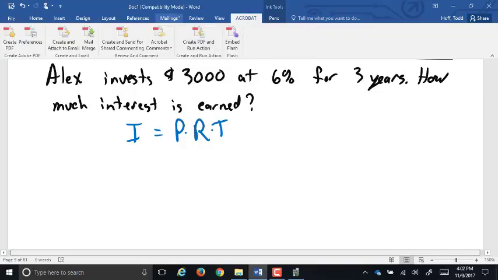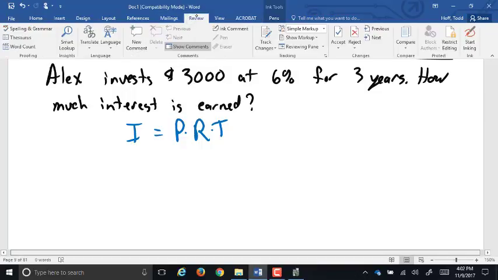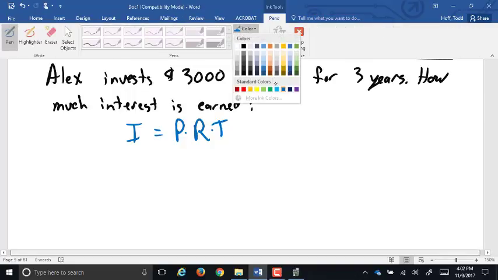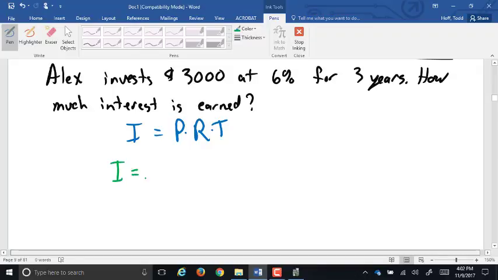So the amount of interest is equal to PRT. What's the principal? $3,000 is the starting amount. What is the rate? It's 6%, but we're going to write it as a decimal, so it'll be 0.06. And what's the time? 3 years.